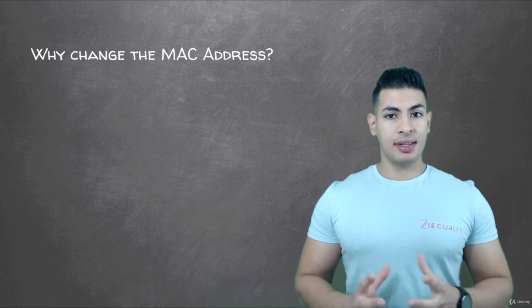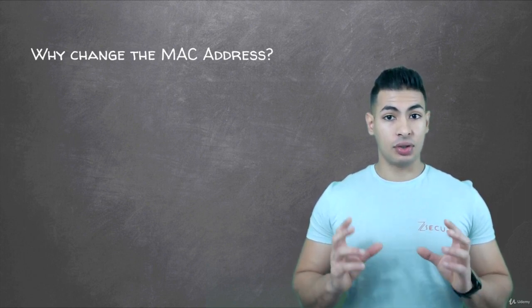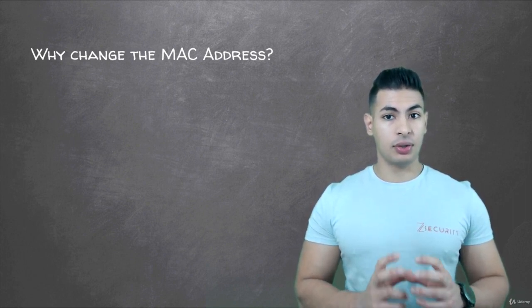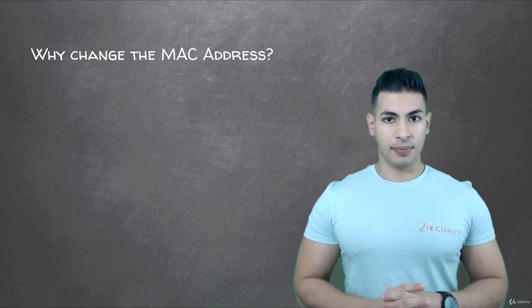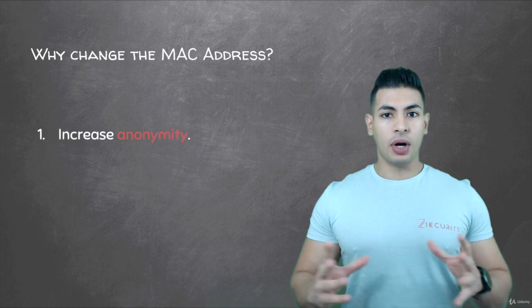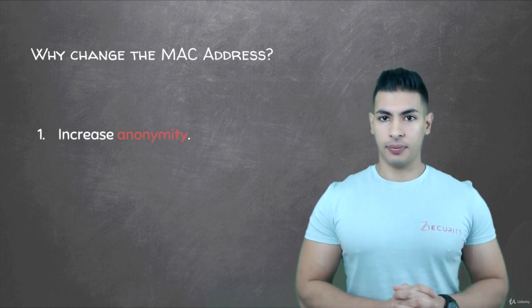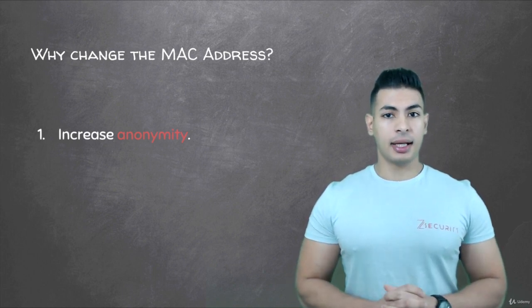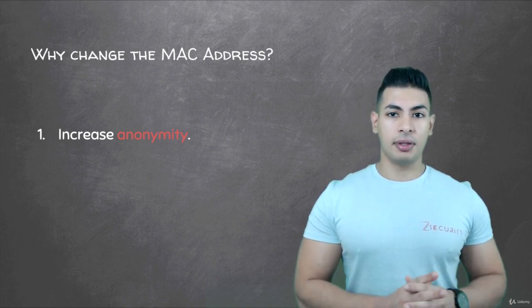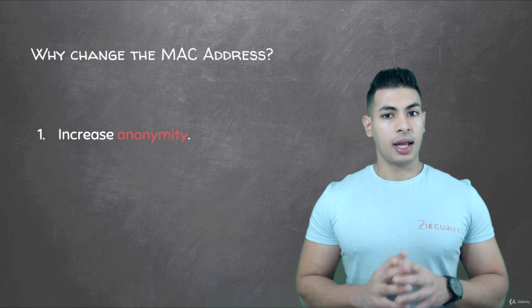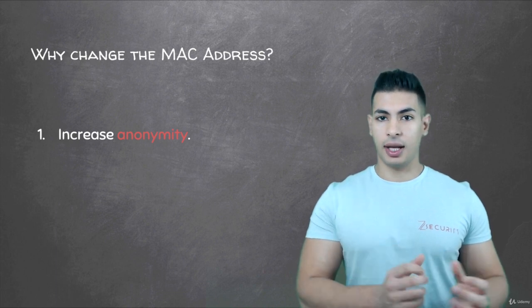So, because this is a physical unique address to each interface, to each network device, and because it is used to identify devices, changing it will make you anonymous on the network. Not only that, but the MAC address is often used by filters to prevent or allow devices to connect to networks and do specific tasks on the network.